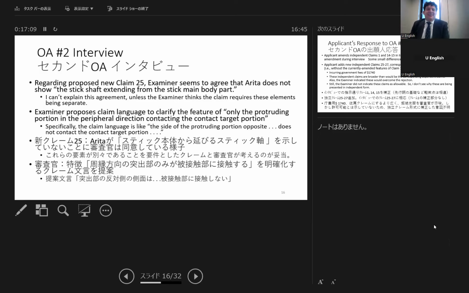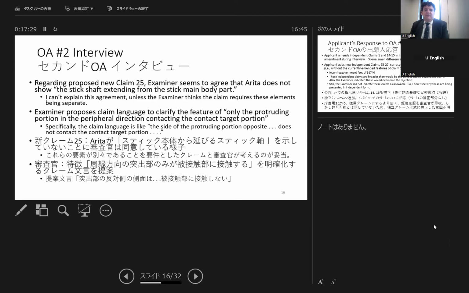Additionally, during the interview, the examiner proposes claim language to clarify the feature of only the protruding portion in the peripheral direction contacting the contact target portion.